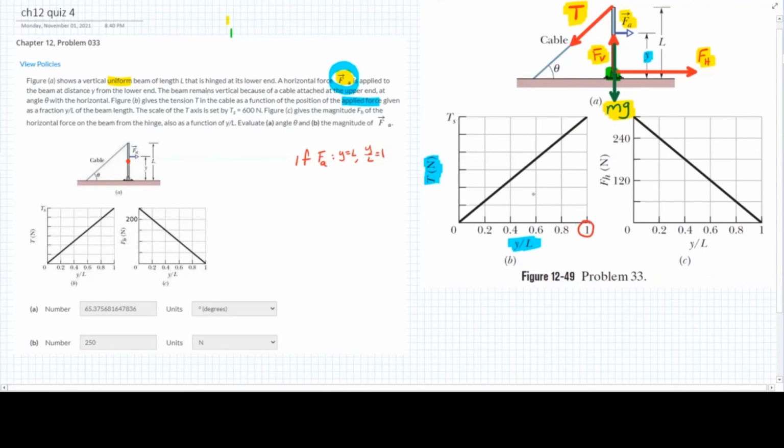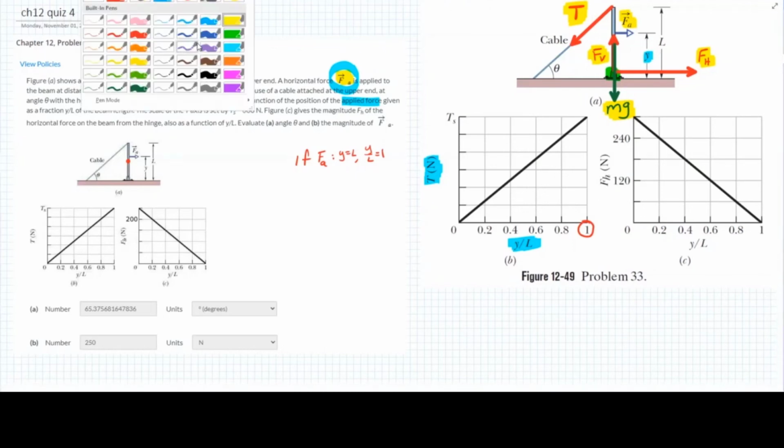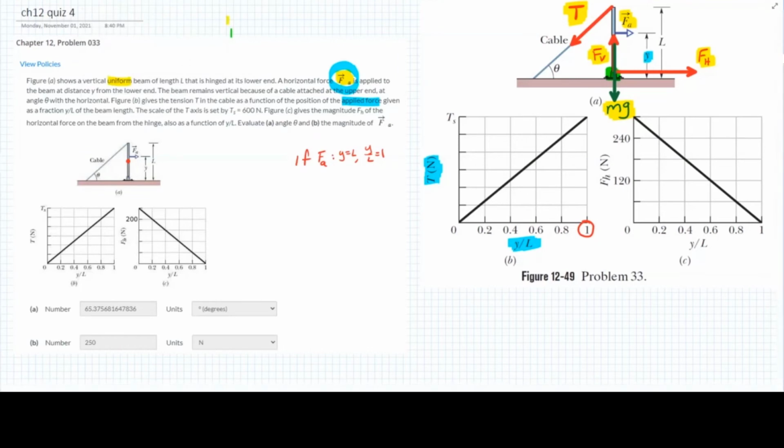So if I apply F sub A right here, at the very end of this beam, it would look like that.